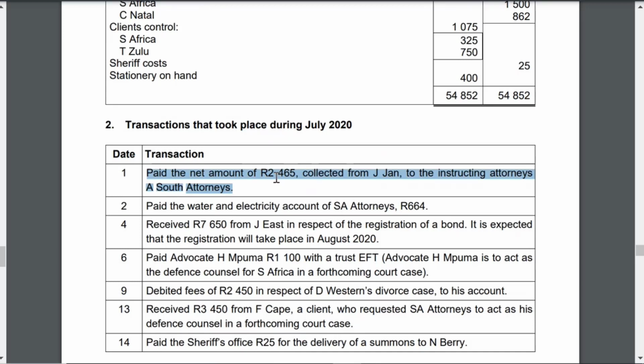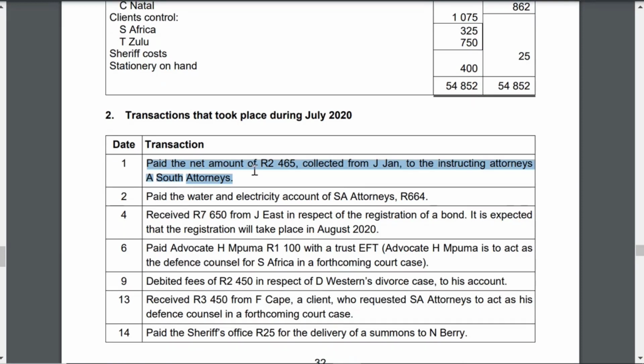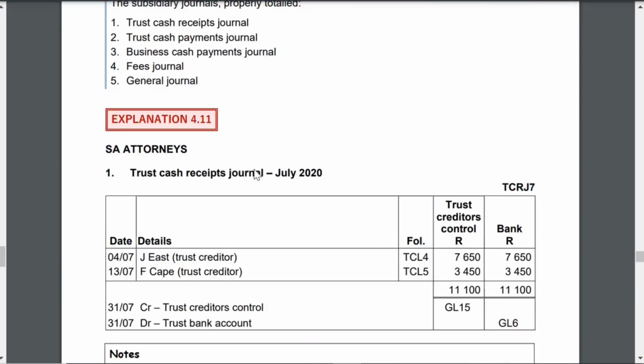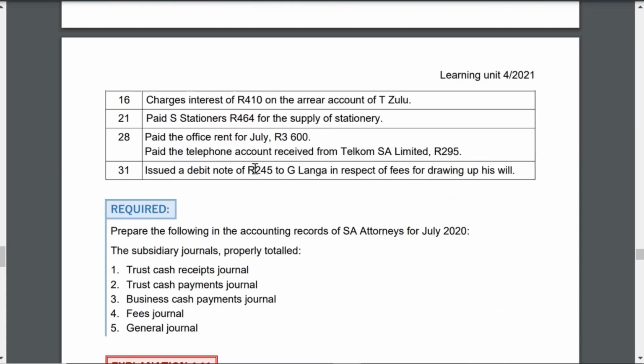Correspondence talks about who is the instructing attorney and who is the instructed attorney. Especially when you're doing learning unit 4, I don't think you'll be able to understand this more because you haven't done correspondence as yet.